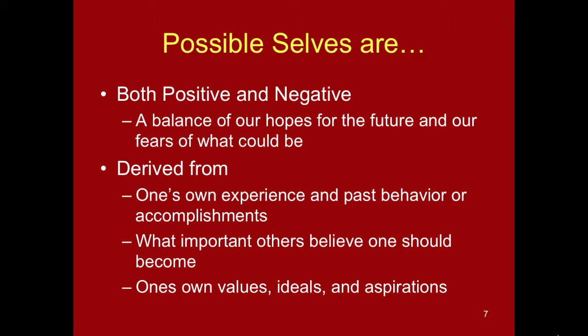But where do they come from? Although our possible selves are what we imagine for ourselves in the future, we very much derive them from our past and present. They come from our own experiences and our beliefs about our past behavior or accomplishments. They also come from the beliefs of what important others think we should become.